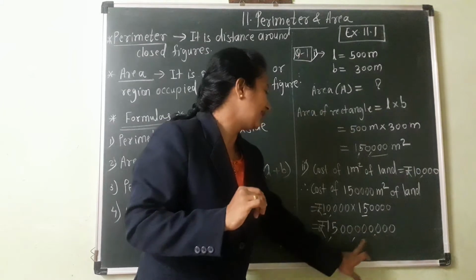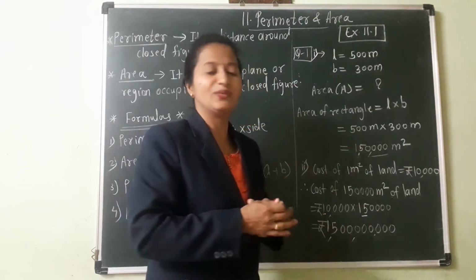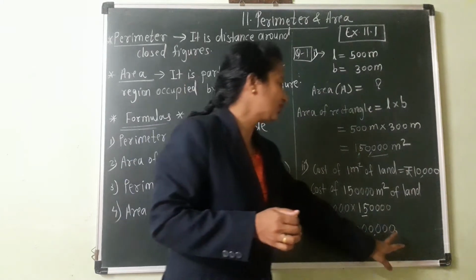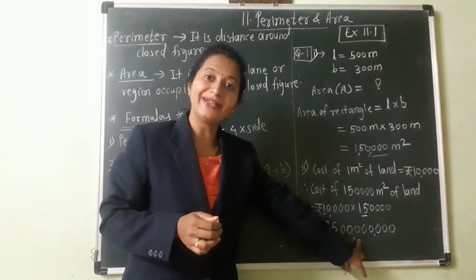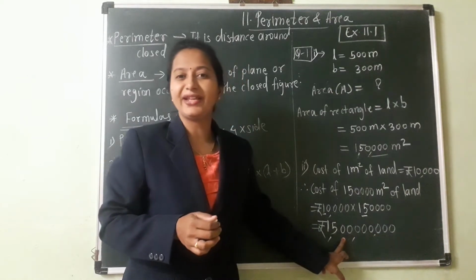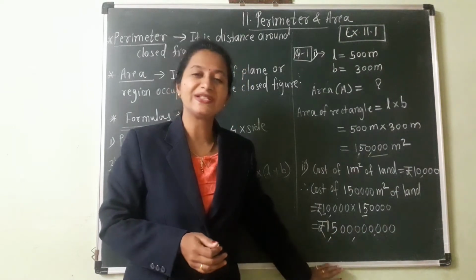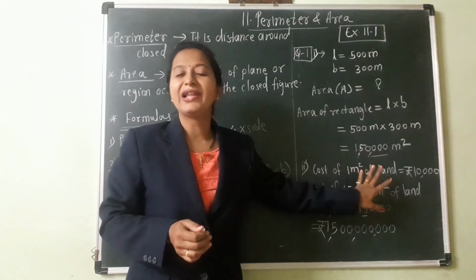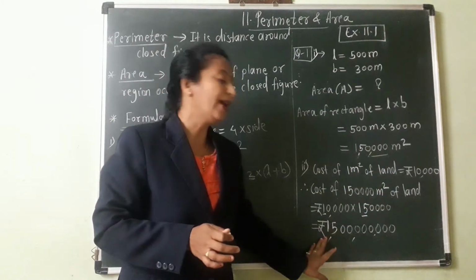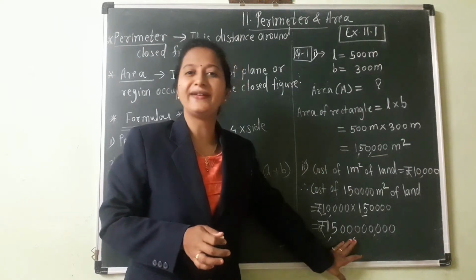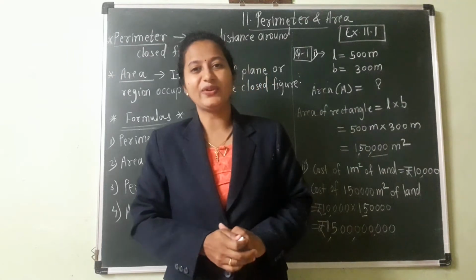So how do you read this number? Ones, tens, hundreds, thousands, ten thousands, hundred thousands, million, ten million, hundred million, and then billion. So the cost of 1,50,000 square meters of area will be 1,500 million. It's very simple. Now we'll see the next question.